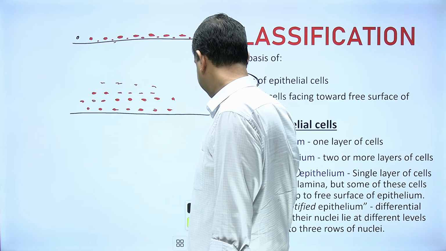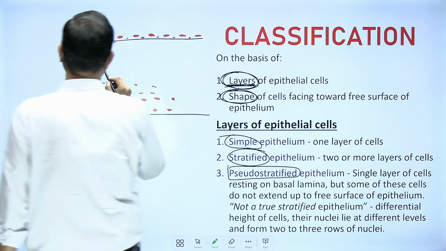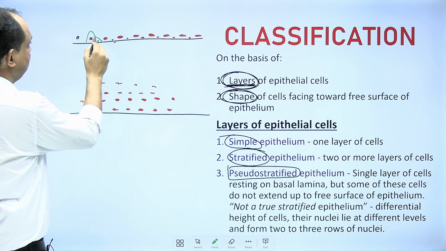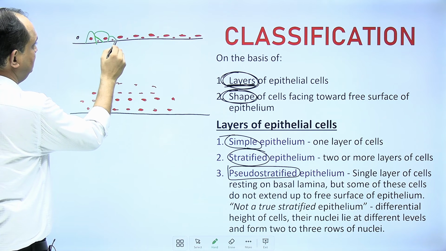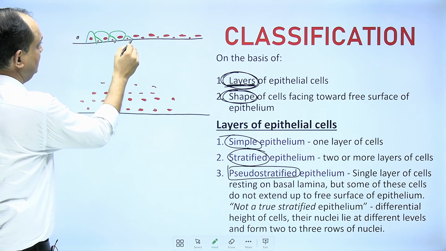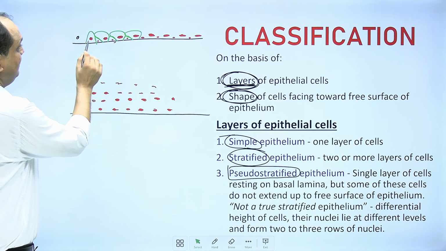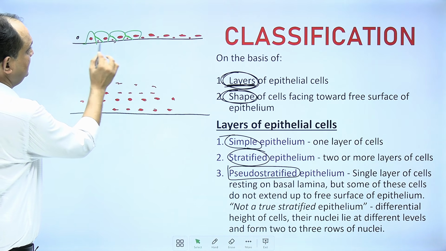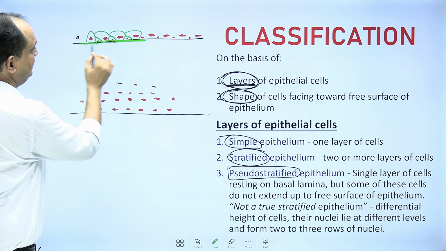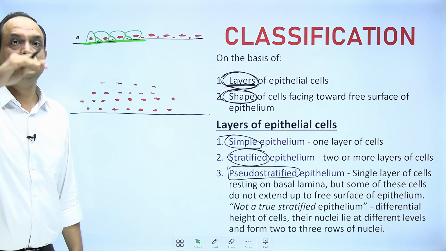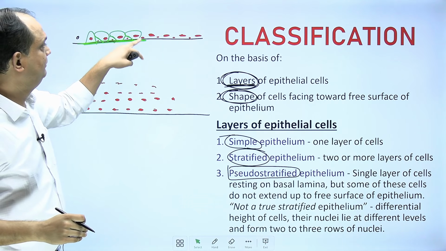How are they present on the basement membrane? You will realize that this is a longer cell, this is a short cell, this is a longer cell, a short cell, a longer cell, a short cell, a longer cell. In such a way you understand that every cell is actually attached to this basement membrane, but the height of the cells is different. That's why the nuclei are placed at two levels.